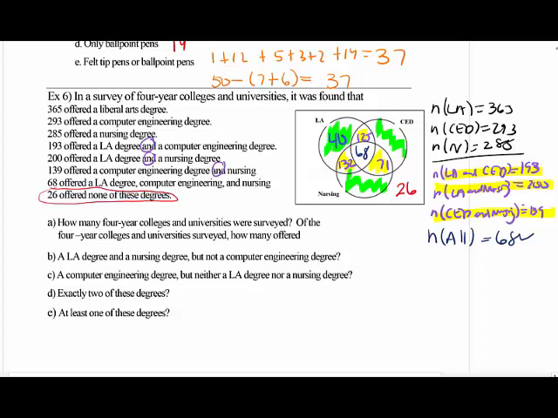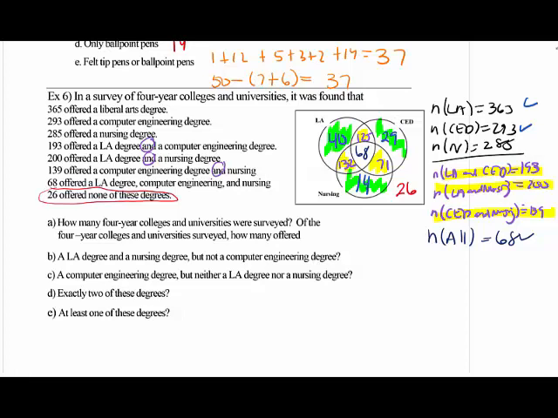For my computer engineering, we're going to subtract from 293, 125, 68, and 71. Put it in your calculator. You should get 29. And for my nursing, we're going to subtract from 285, 132, 68, and 71, which should give us a 14. And again, I know I did that pretty quickly. You're going to use your calculator on that. It's going to take you a little bit longer. So they didn't give it to me in the exact same format, but they gave me enough information.